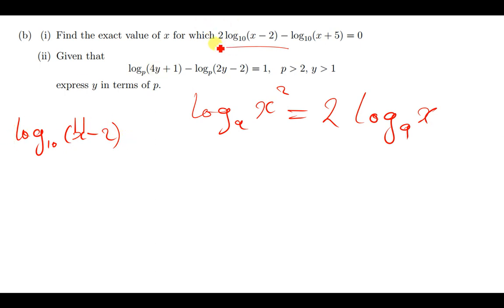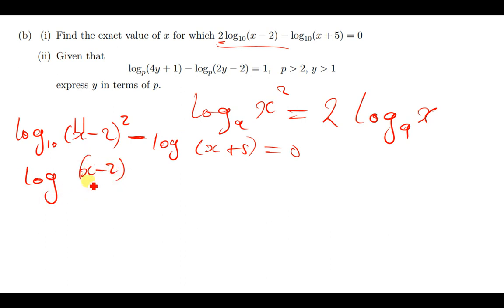Then this one here can go on top there. So we have 2 there, and then we have minus log x plus 5 is equal to 0. So when you're subtracting, it means that there was a division somewhere. So we can write this as x minus 2 there, everything divided by x plus 5.